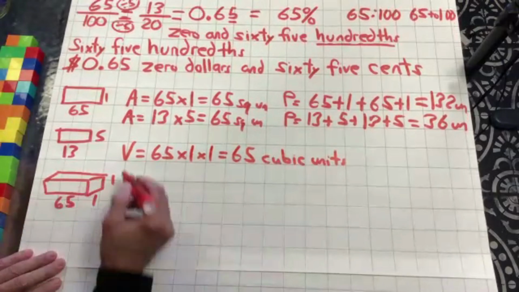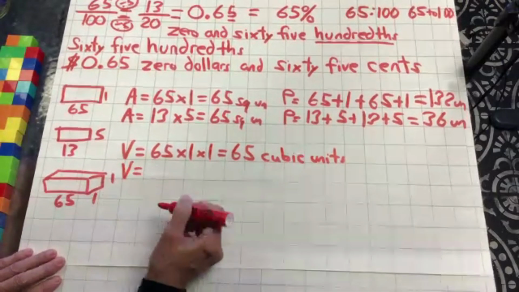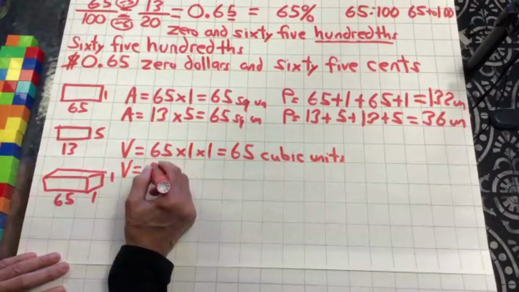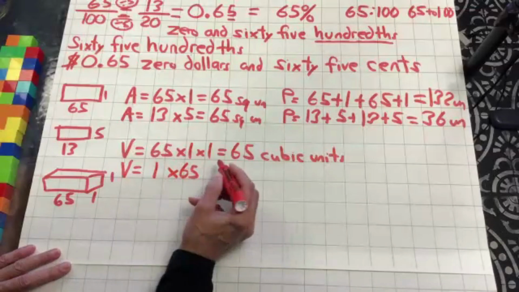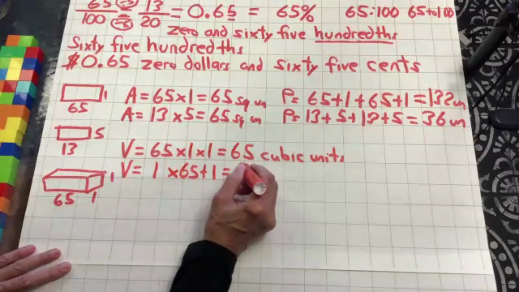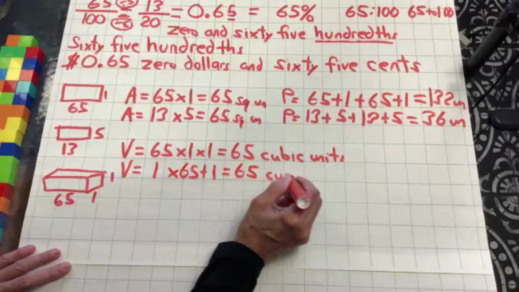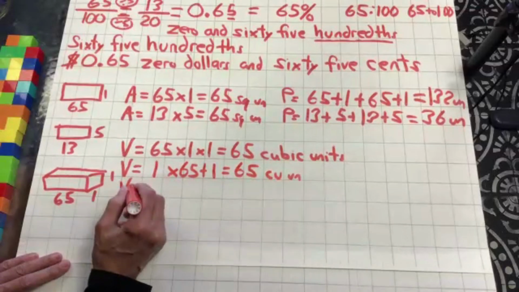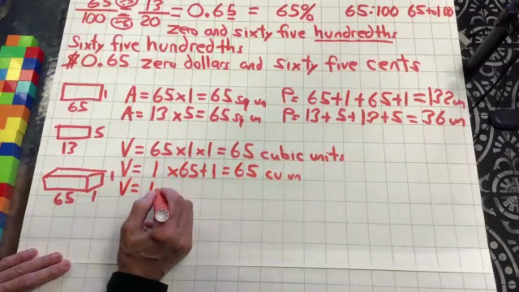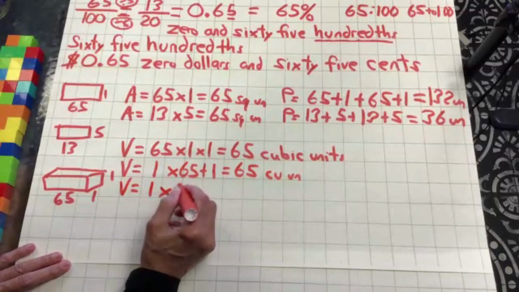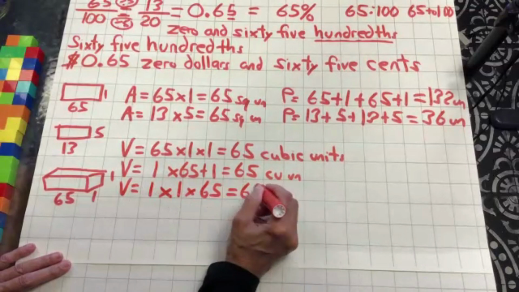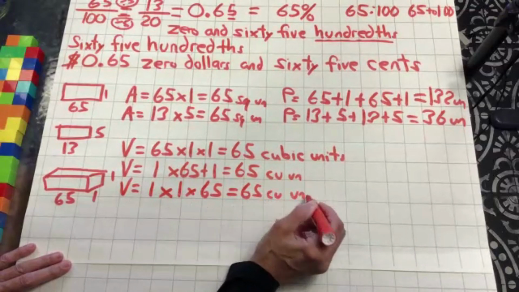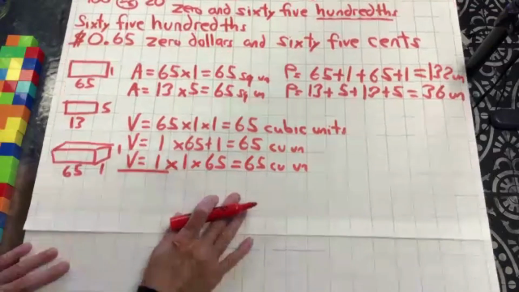I'm just going to draw it one way, but we're going to write all the ways we can manipulate this. So we could stand it on its head and say it is a 1 wide by 65 deep by 1 tall, which equals 65 cubic units. Or we could say it is 1 wide by 1 deep by 65 tall. And those are the 3 ways we can write that one.